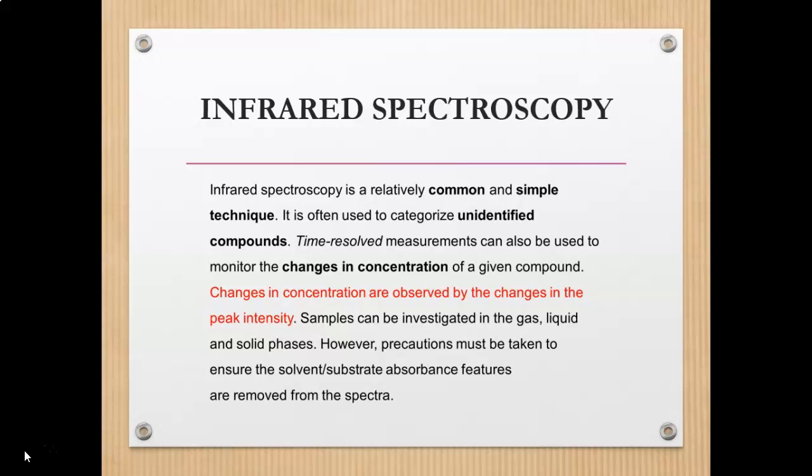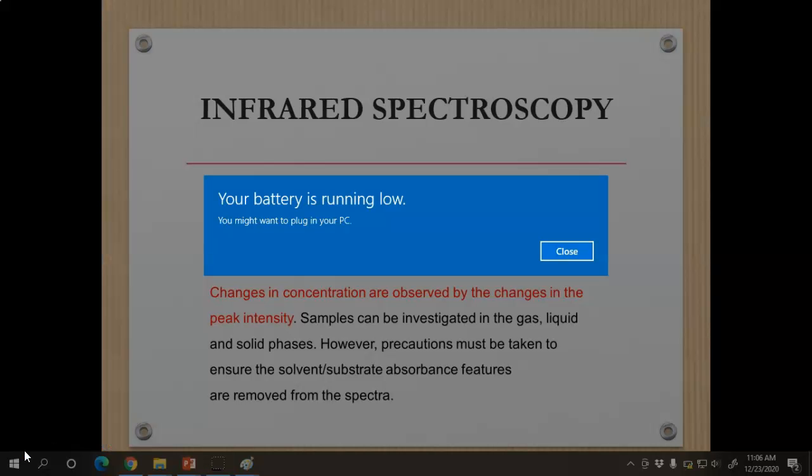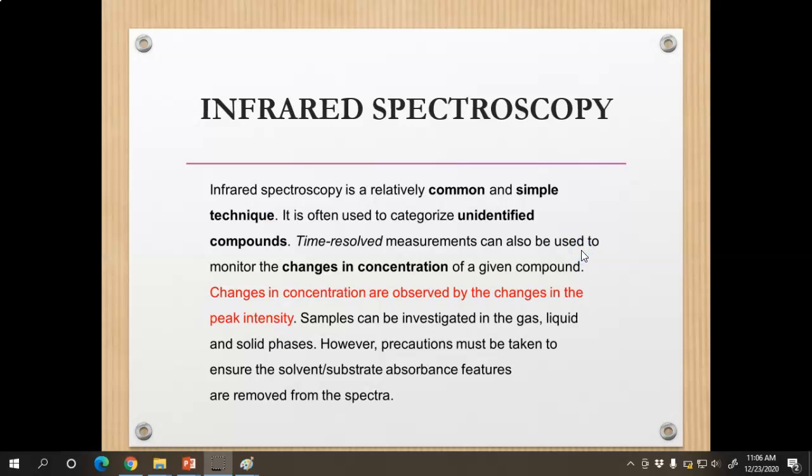Sometimes the instrument, for example in our lab, can investigate the liquid and the solid phase. And we need a specific instrument, where we can put the solid into the KBr disk.